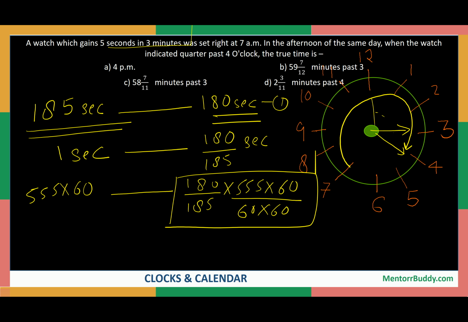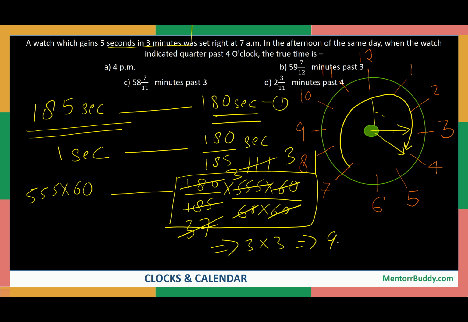Now we can solve it to find the total number of hours the original clock moves. 60 will be cancelled out. This we can cancel out, that is 3, right? 185 we can cancel by 5, that is 37, right? This we can mark as 1, 1, 1, and 37 will be cancelled out with this as 3 times. So the final, it is coming 3 multiplied by 3, that is 9 hours.